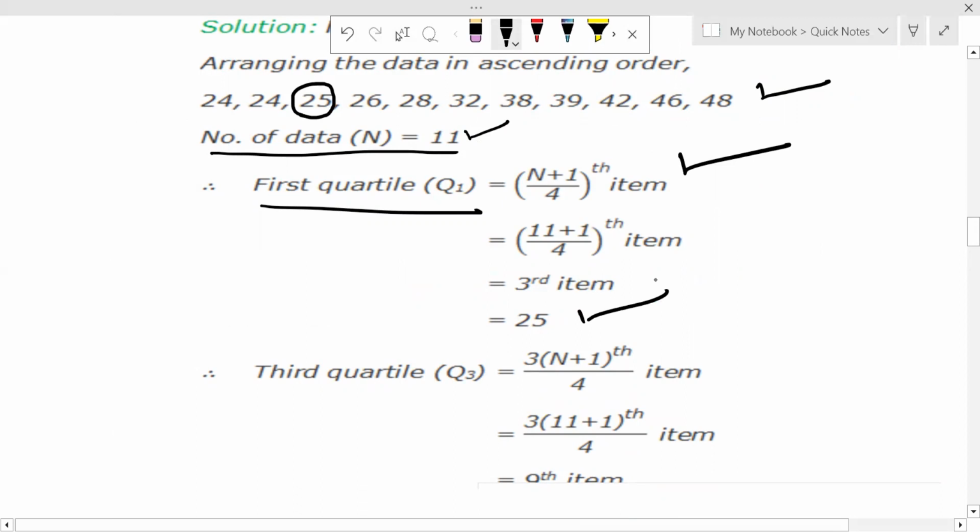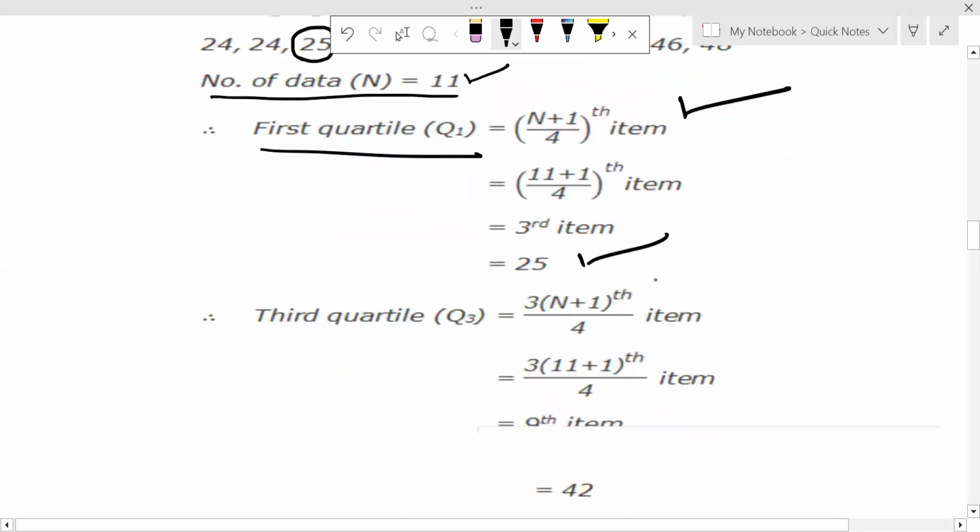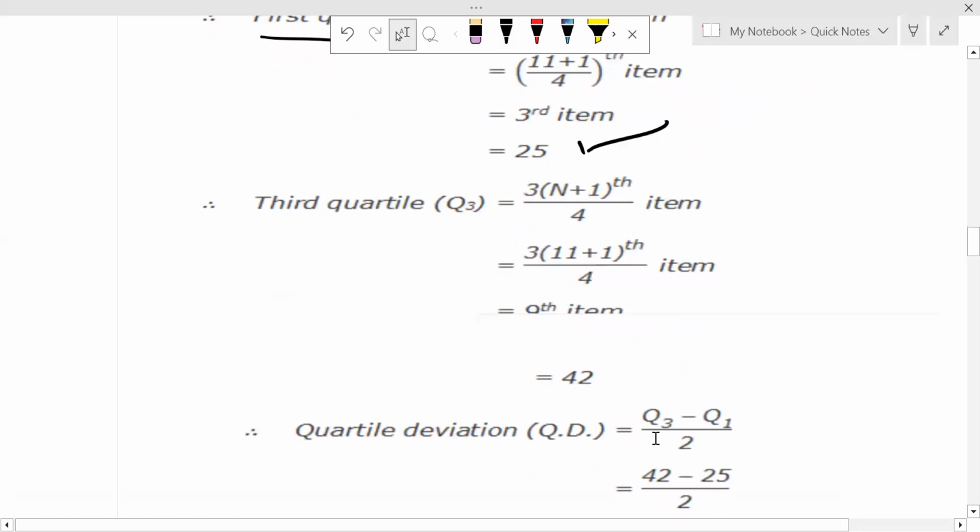Now for Q3, it is 3 into (n plus 1) by 4. So 3 into (11 plus 1), that means 12 by 4, which is 3. 12 into 3 is 36, divided by 4 gives the 9th item.